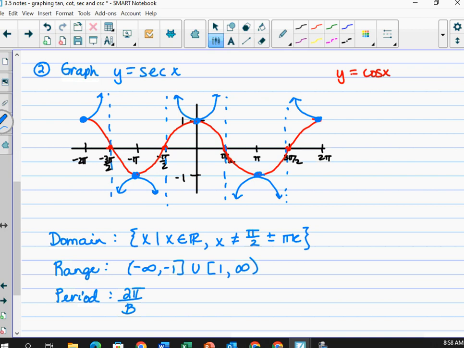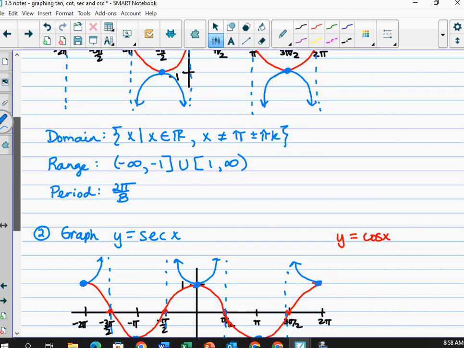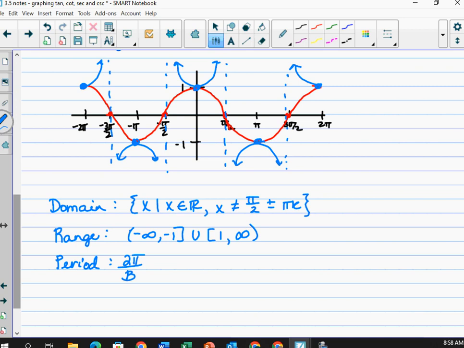But how far apart they are is the same as it was. Because up here it was pi plus or minus pi k. Here it's pi over 2. You can pick any of them, but I usually go the first positive one.